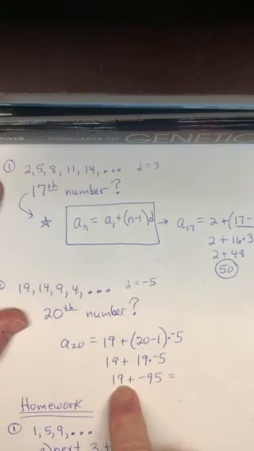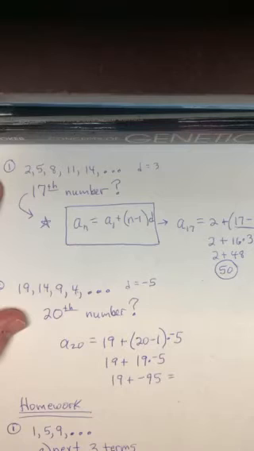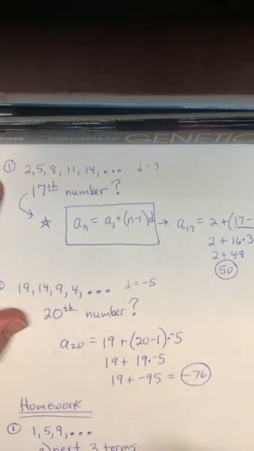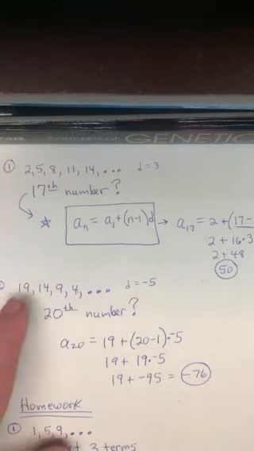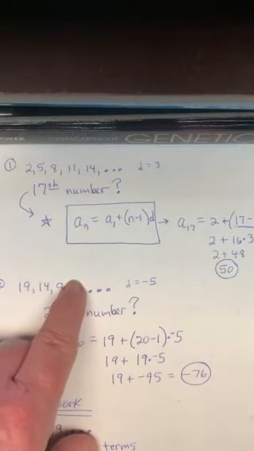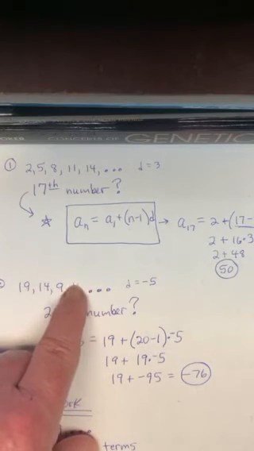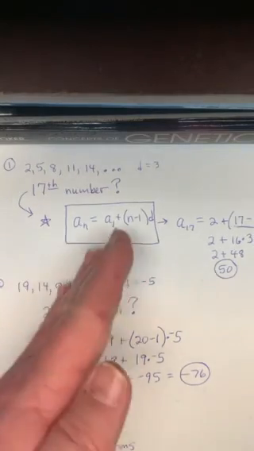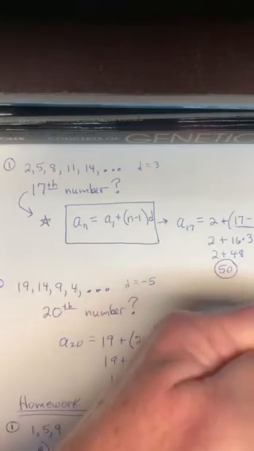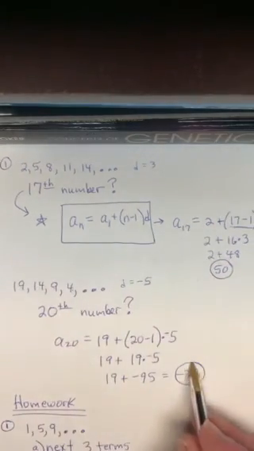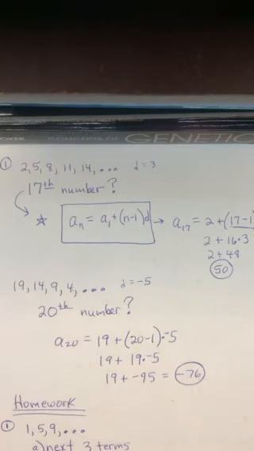So 19 plus -95 is, what is that? -76. Which makes sense, guys, because look, if the numbers are getting smaller, and you're adding -5 each time, wouldn't the next number have been -1, then -6, then -11? They definitely were going bigger and bigger in the negative direction. So by the time I got all the way to the 20th number, -76 makes perfect sense.